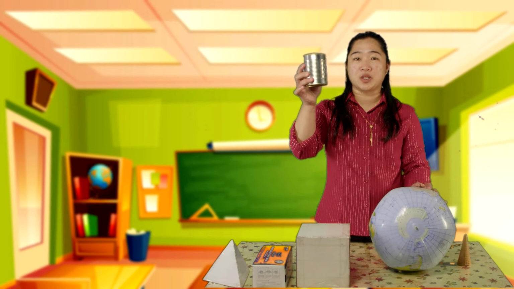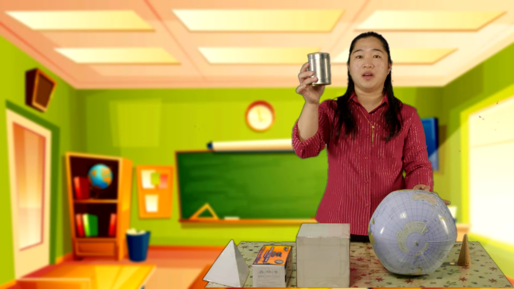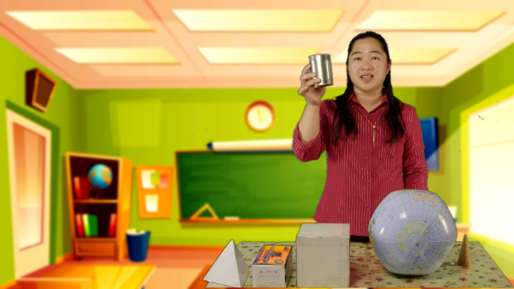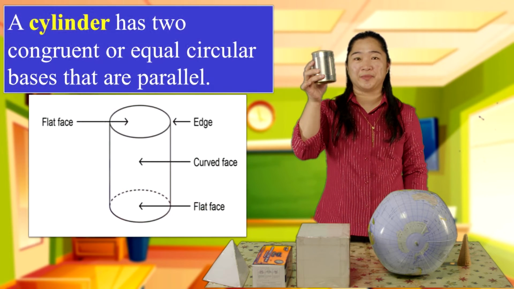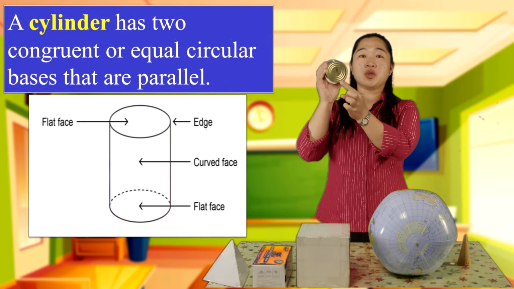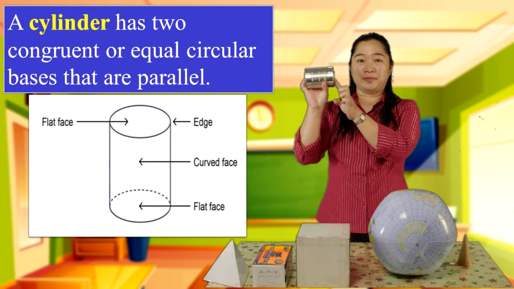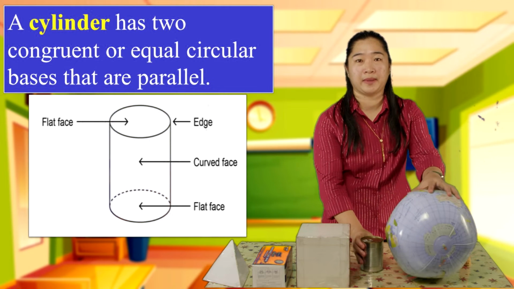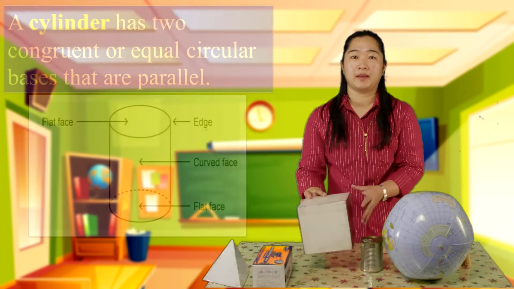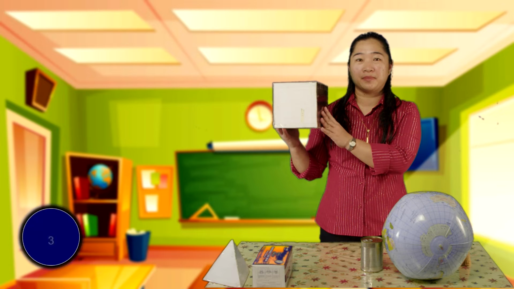How about this solid figure? Correct! This is a cylinder. A cylinder has two congruent or equal circular bases that are parallel. What is the name of this solid figure?